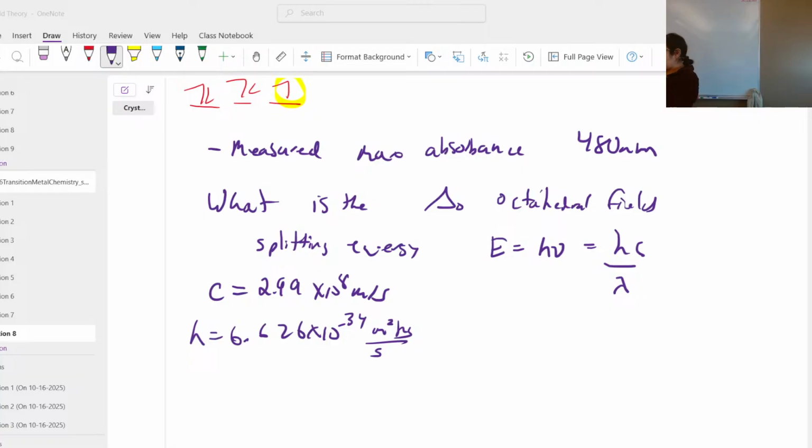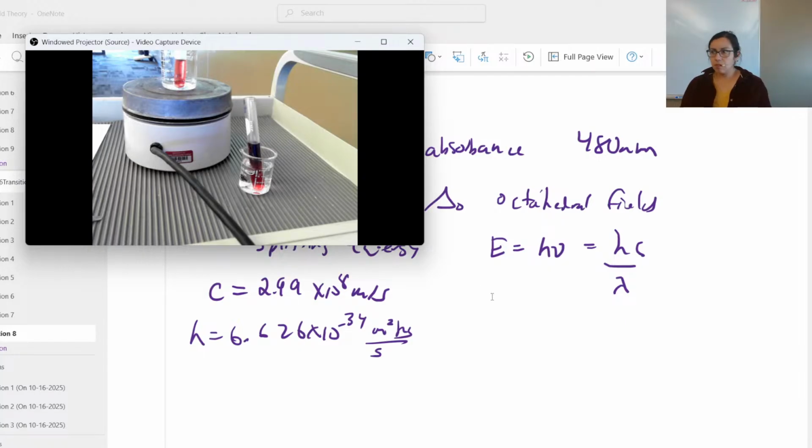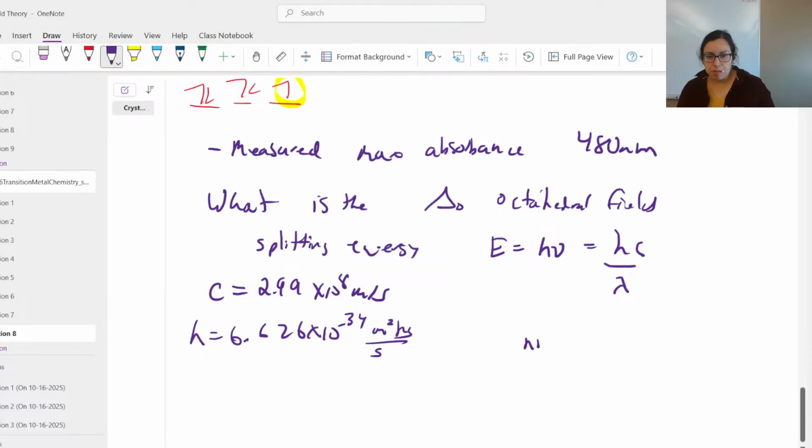So remember, nanometer is 10 to the negative 9.